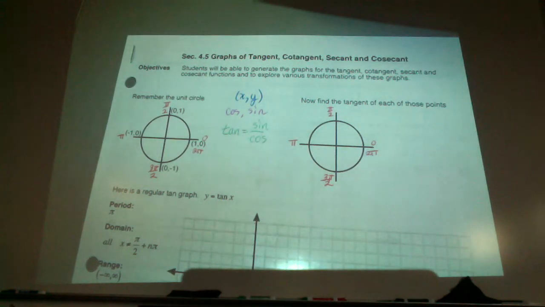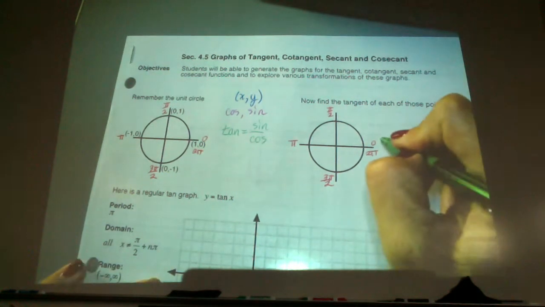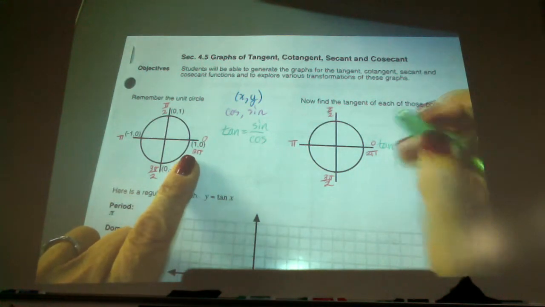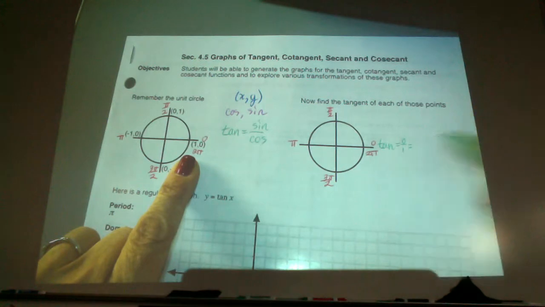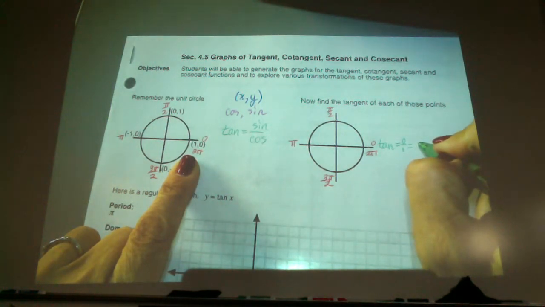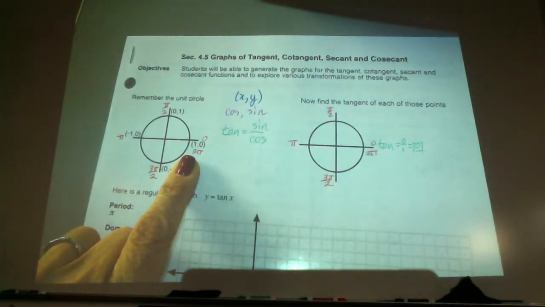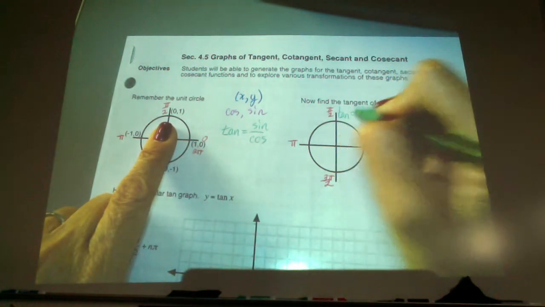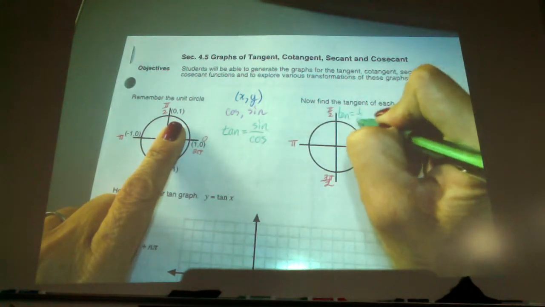Yeah. Correct. It's y over x. And so if I'm to find tangent at 0, tangent is equal to, look at your ordered pair, 0 over 1, which is what value? 0. At pi over 2, tangent is equal to 1 over 0, which is what value?